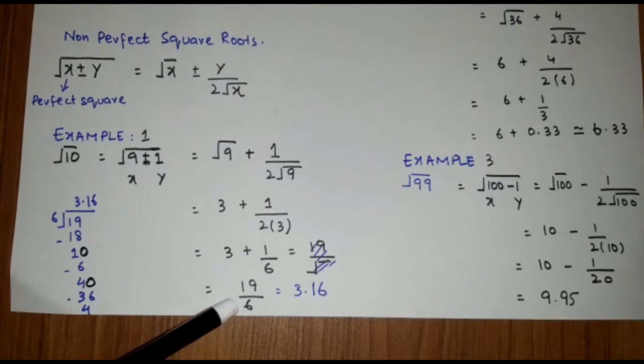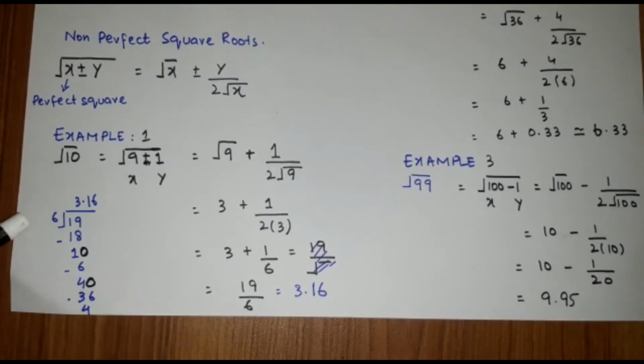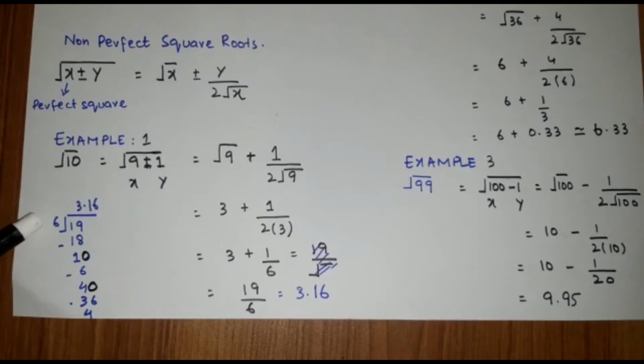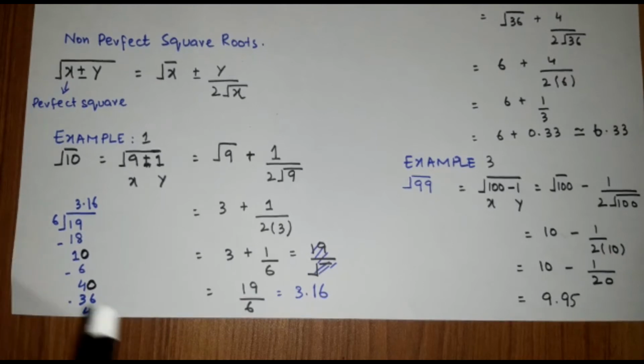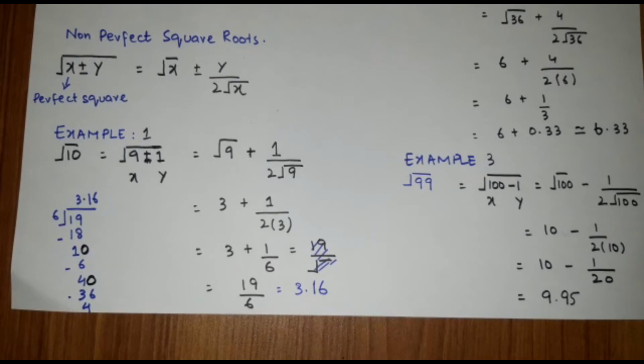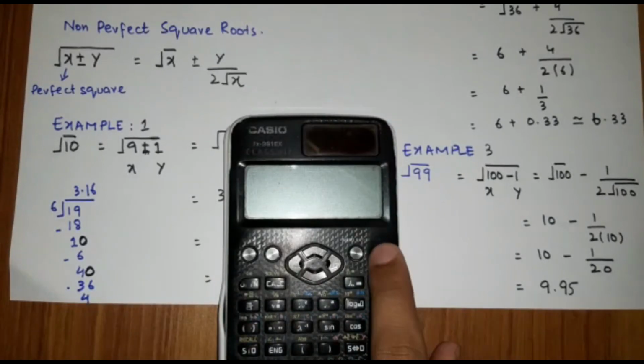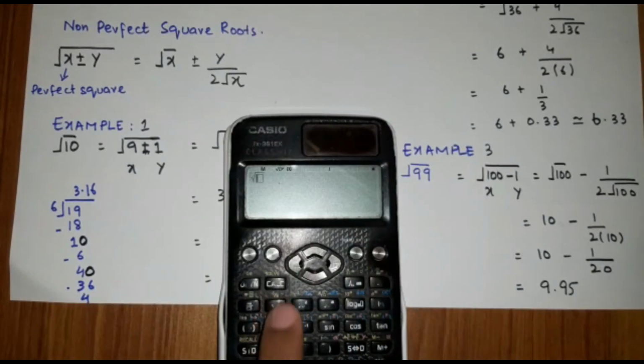Now I am going to find out the value of 19 upon 6 by using simple division, which we all must have learned in our junior classes. So here the value of 19 upon 6 becomes equal to 3.16. Now we are also going to verify our answer by using a calculator, that is, we have to find the under root of 10.